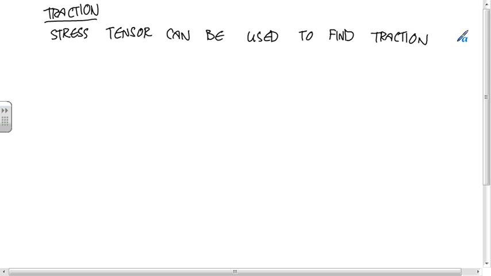The stress tensor can be used to find traction on a face with any orientation.